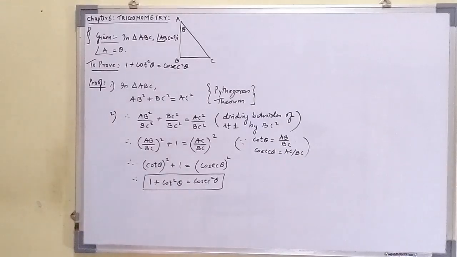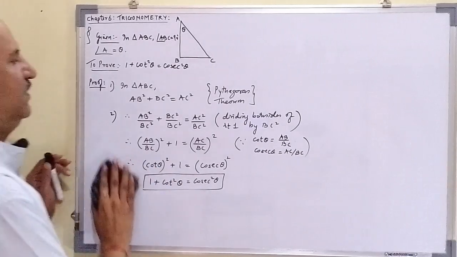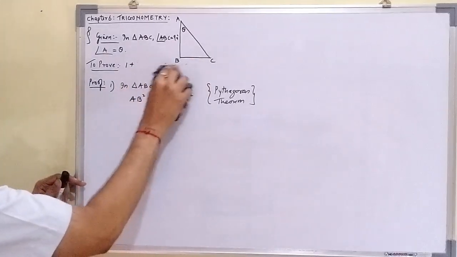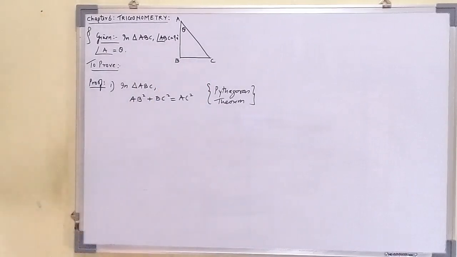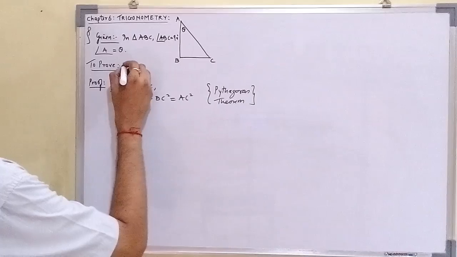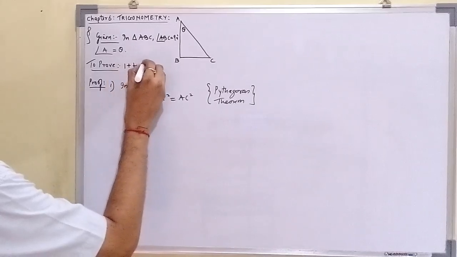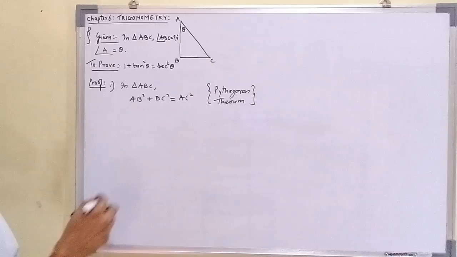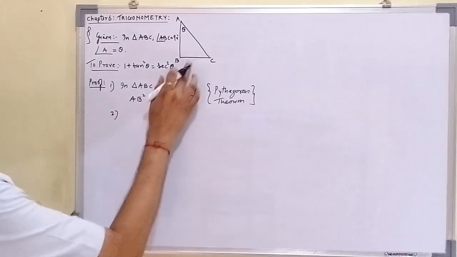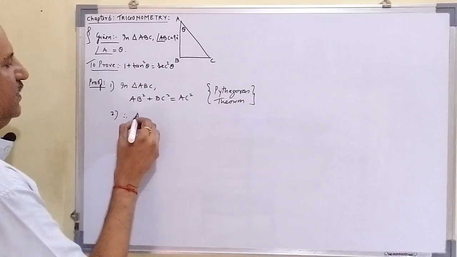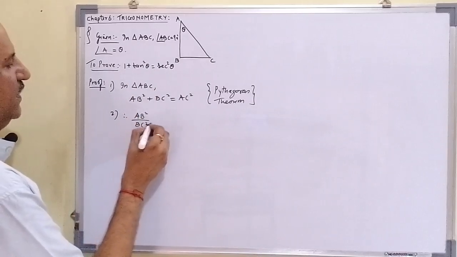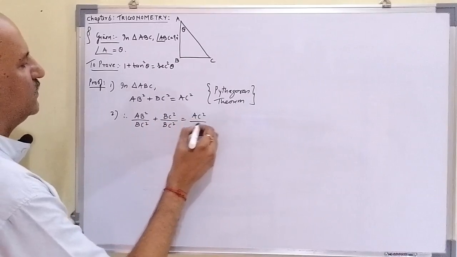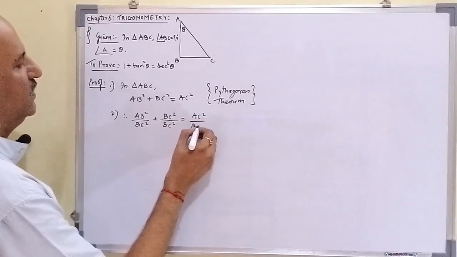Now we are going to go for third proof. और उसको हमें निकाल देना है. थर्ड प्रूफ में है 1 plus tan square theta equals sec square theta.